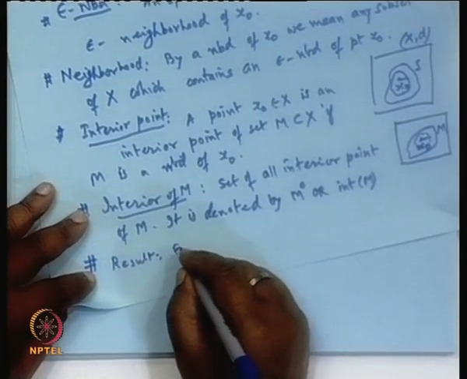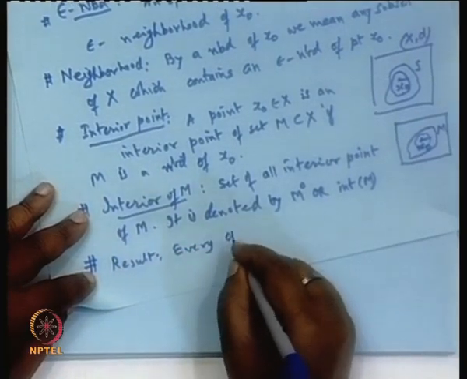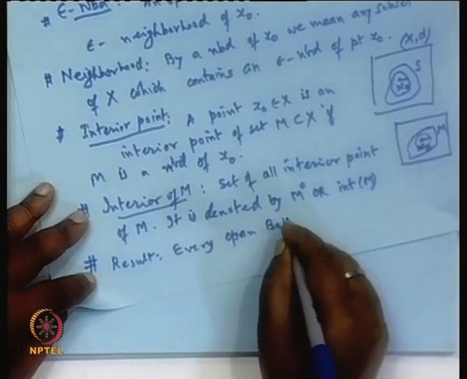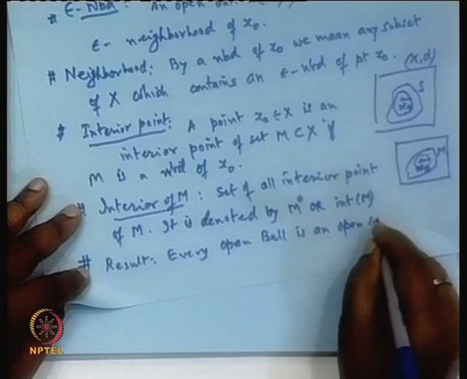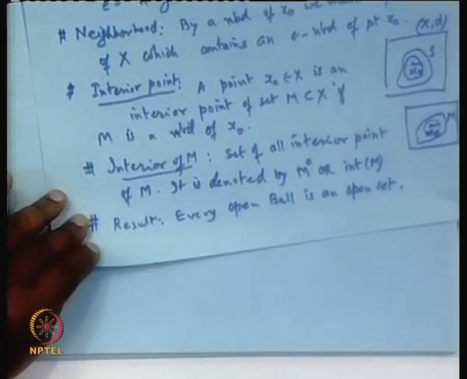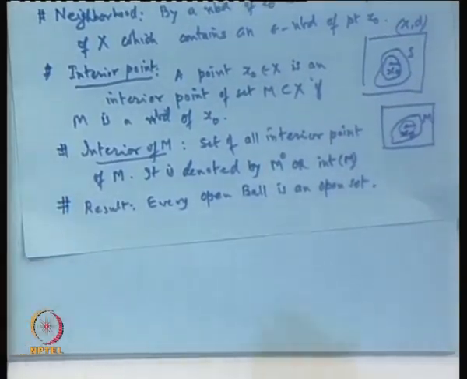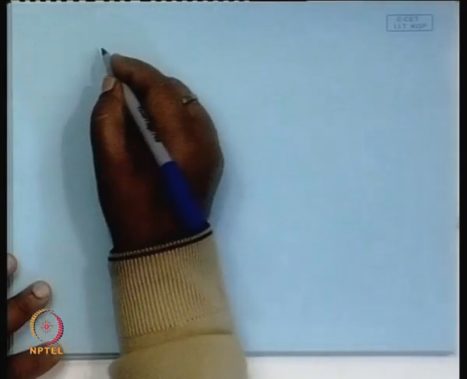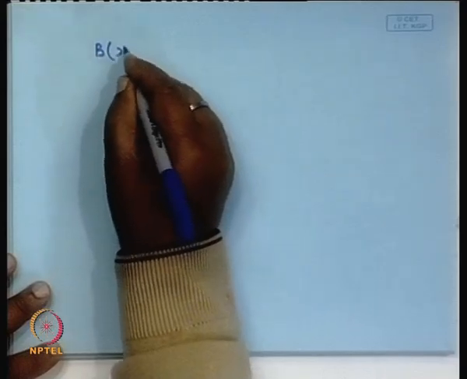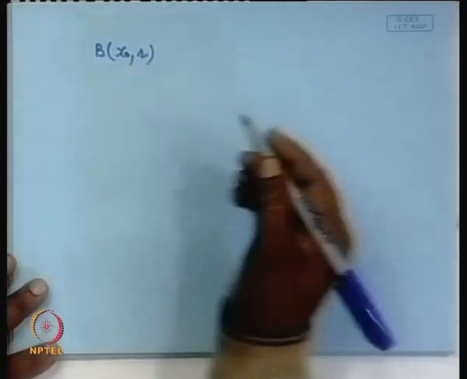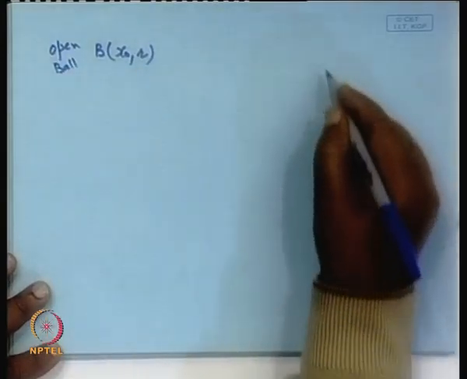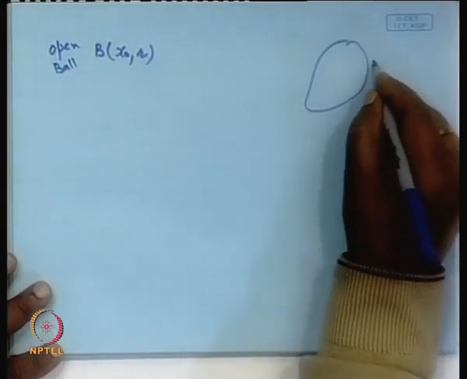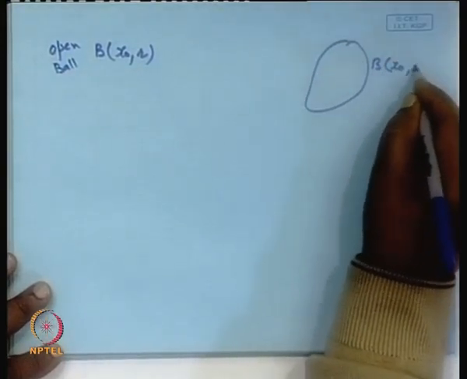Every open ball is an open set. Let us see how. Suppose we have an open ball centered at x naught and radius r. This is our open ball, B(x naught, r).